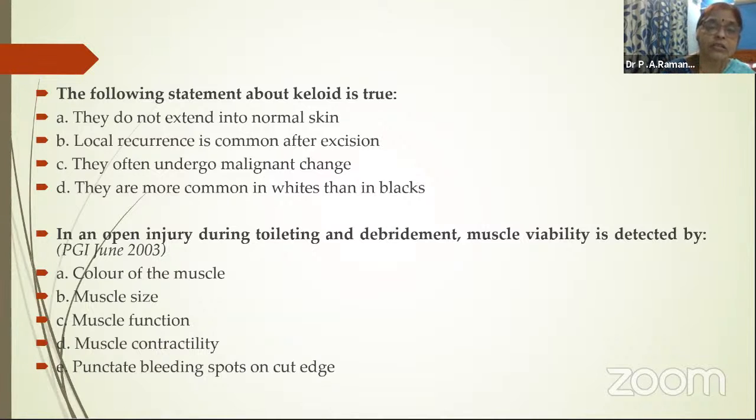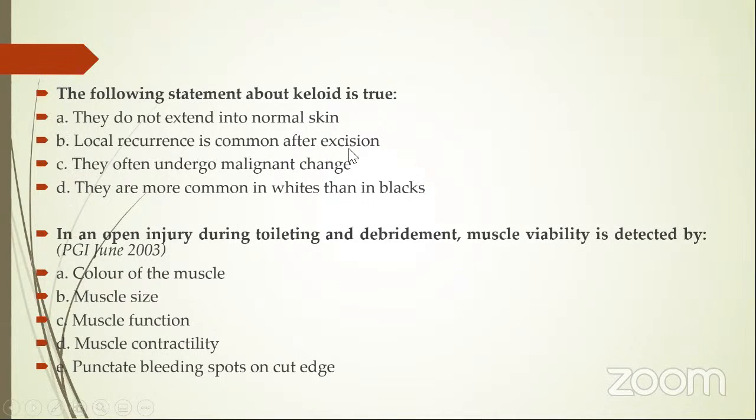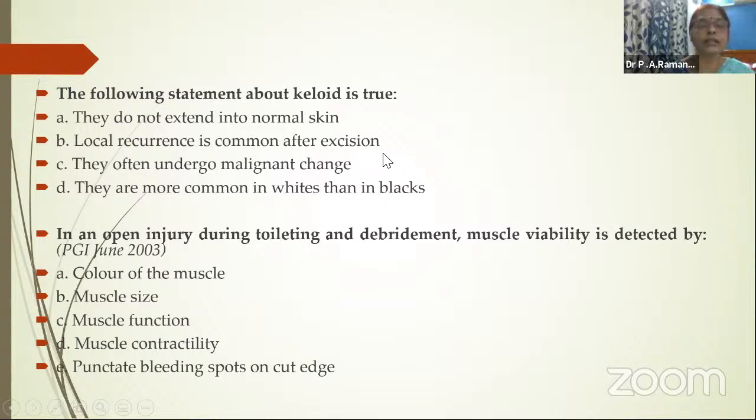Even if you excise and do grafting, they will recur at the edges. Again, they will recur. So this is common. Next, they often undergo malignant change. This is also not true. They are more common in whites, not true. So C, D, A are not true. Local recurrence is common after excision is the true answer.